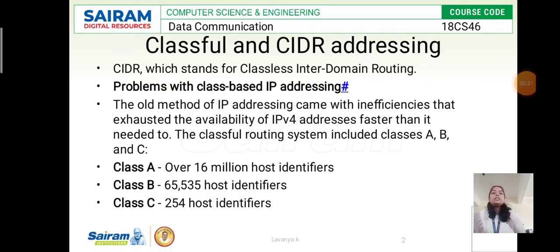See here, CIDR addressing is nothing but Classless Inter-Domain Routing.